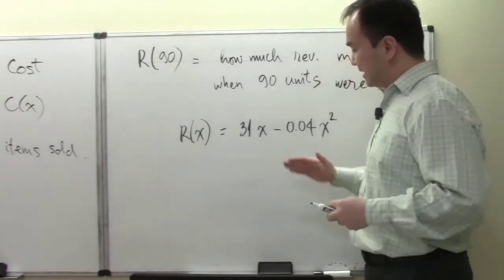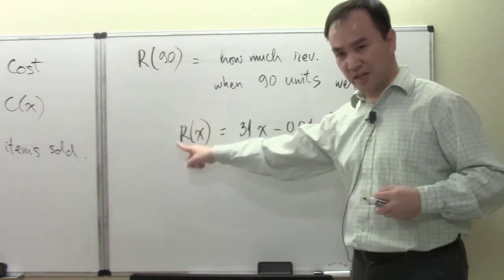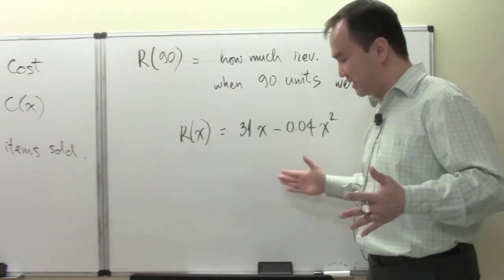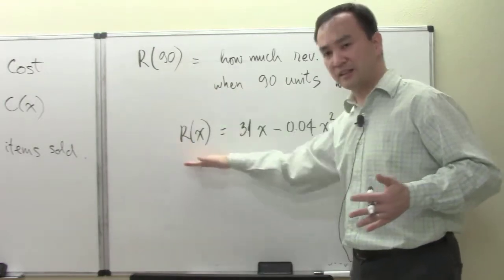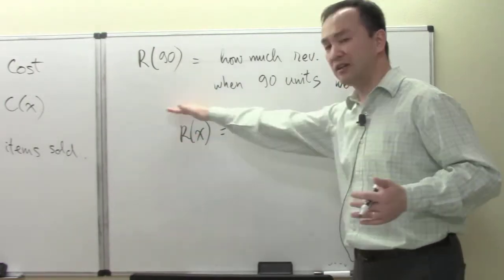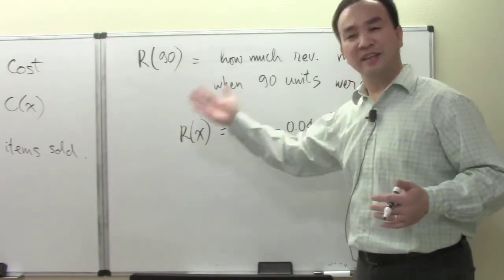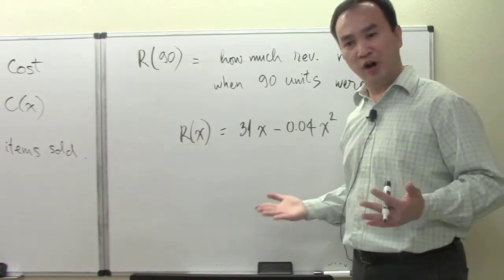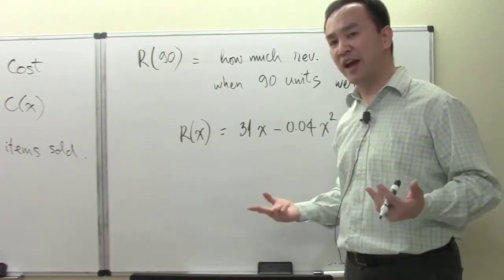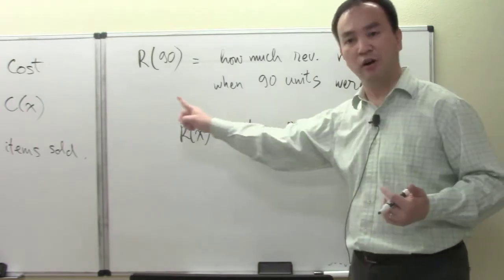And again, I will bring up in another problem how we can come up with such a function, but that should be limited. If anyone has a question for me, how did this function come out? I mean, who came up with this function? Think about it this way. Usually when you open your own business, ideally if you have your own time and effort, you can do some analysis to come up with your own revenue function.